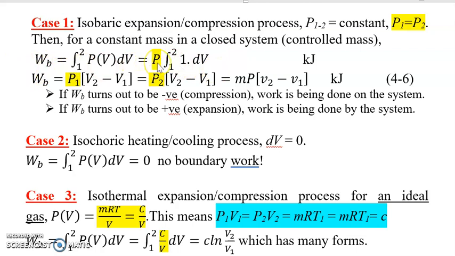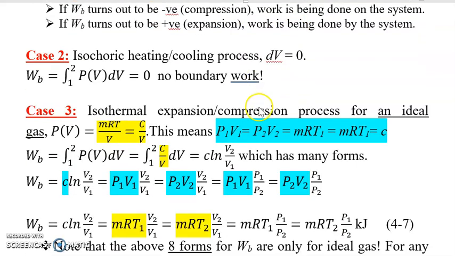You can take out the pressure because it's a constant, and you may solve the integral to get equation 4.6. If your boundary work turns out to be negative, such as in compression, work is being done on the system. If W_B turns out to be positive, such as in an expansion, work is being done by the system.